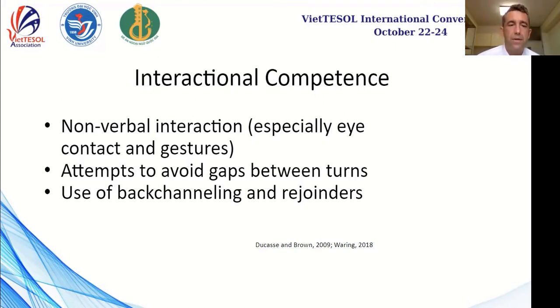And also the use of back channeling and rejoinders is rated within the interactional competence. Again, the CEFR does refer to interactional competence, but it's somewhat unclear between the levels. And so we've incorporated research from DeCoste and Brown and Waring into our construct.